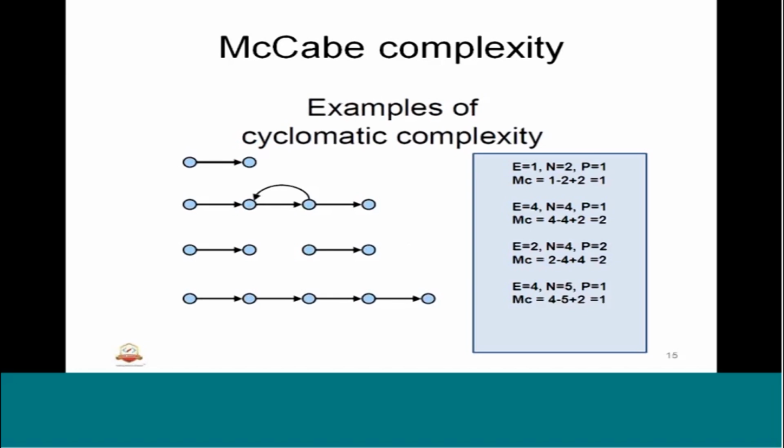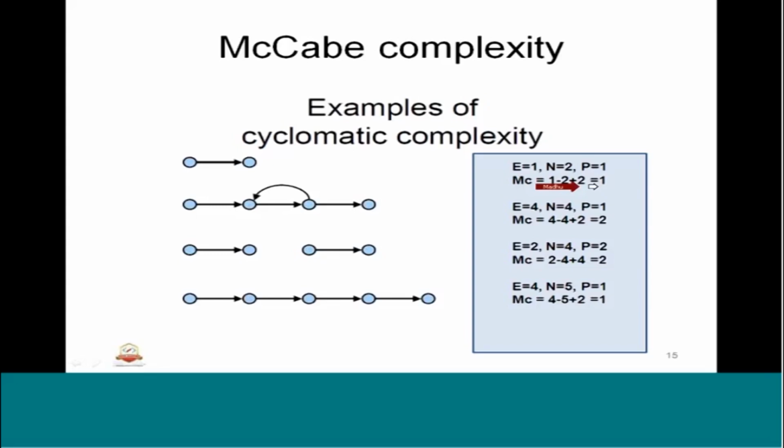That is the disconnected part. There is no disconnected part, so we have only one connection. So we use McCabe as 1 minus 2 plus 2 equals 1. That is 1 edge minus 2 nodes plus 2 will become 1.